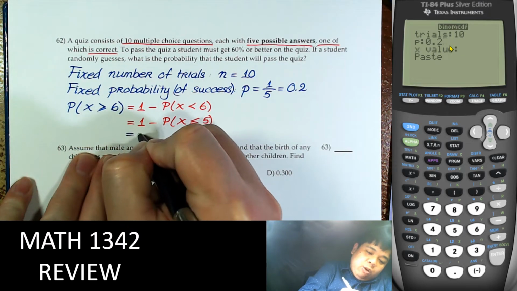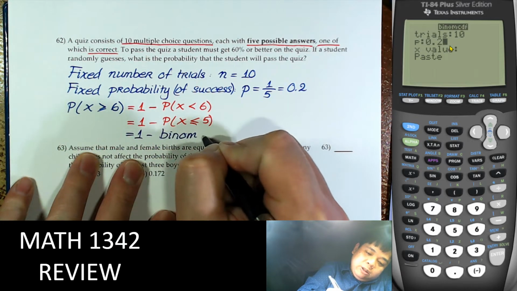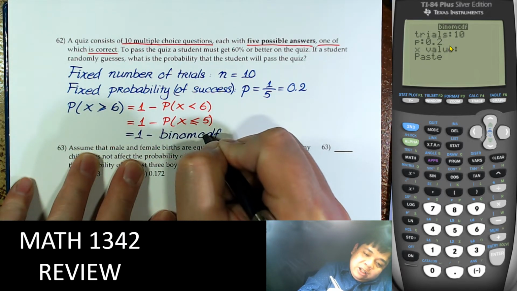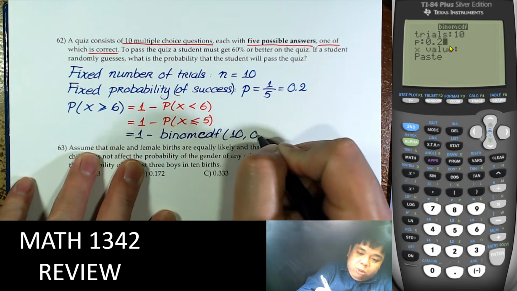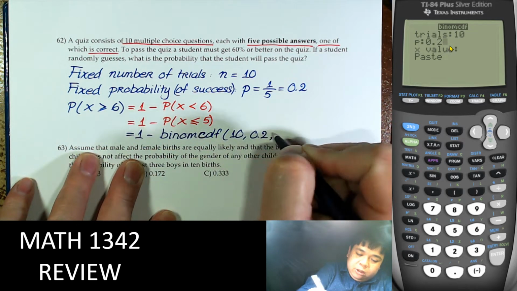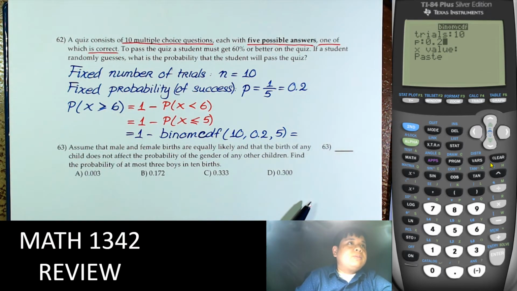So we just have 1 minus binomial CDF. I highlight this, it's going to be C, 10, 0.2, and 5. We have that.